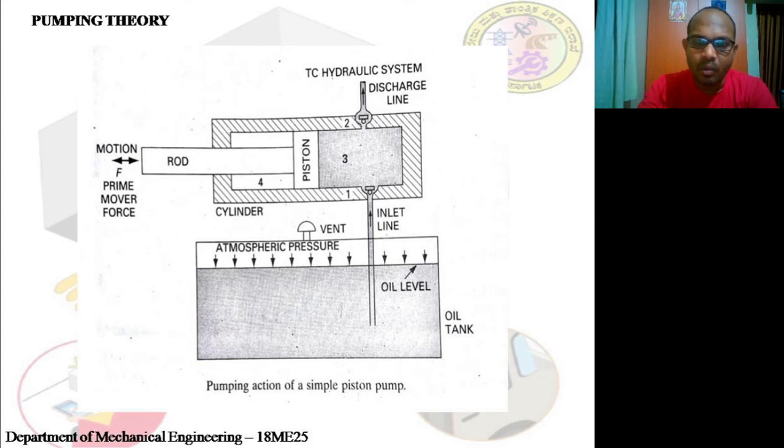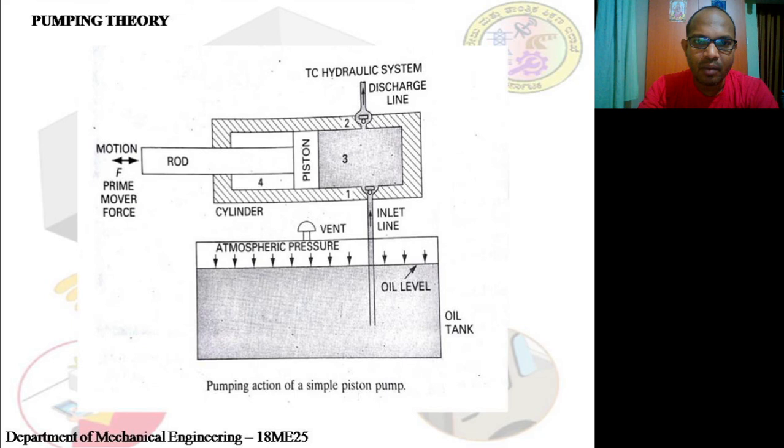Basically, what you can see here is a small ball and a flat rectangular plate. That means whenever the inlet suction is created, it automatically lifts because of the suction and the oil will go over here. Meanwhile, since the pressure is from this end, the outlet valve or check valve will be closed.